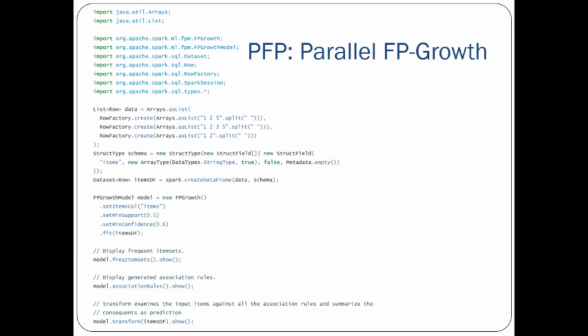You import the Java util libraries, then you import the FP growth libraries of Apache Spark, and you import the SQL libraries of Apache Spark. Then you do the row factory construction for the data that you want, and you generate the list of rows.